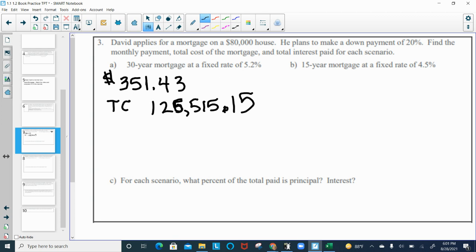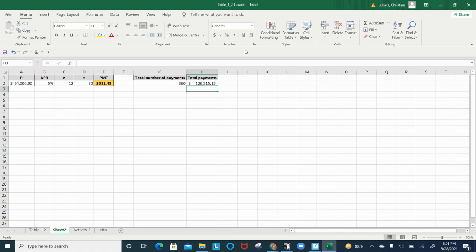Now, the total interest is the difference between what he pays on the principal and what he pays as a total cost. So if we take this total cost and we subtract his principal of $64,000. And again, we can grab a calculator and do that.